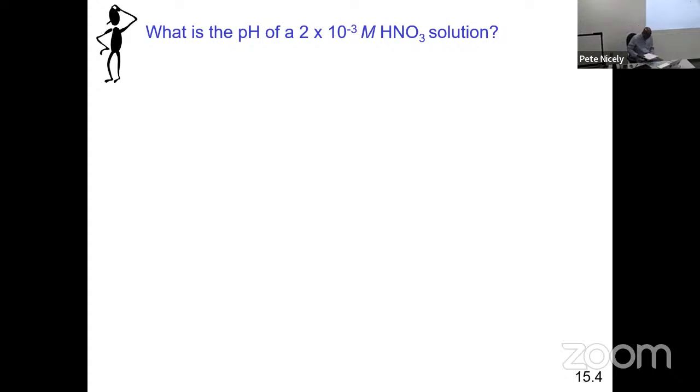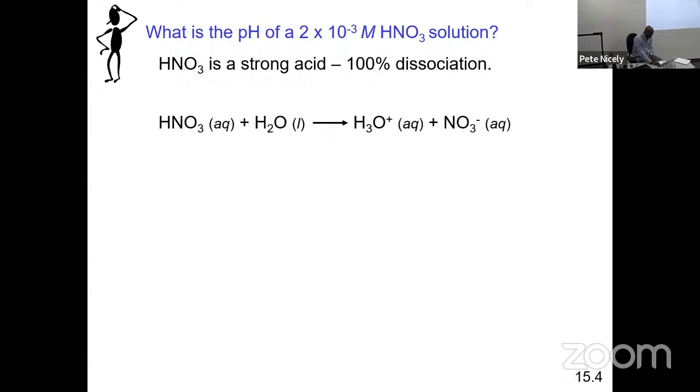So how do we calculate the pH of a strong acid like nitric acid? Well, remember we said that strong acids undergo complete dissociation. And that is certainly true in the case of nitric acid, right? So that's the first thing we recognize. And we can write down an equation for the dissociation of nitric acid in water. So when you start off with 2 times 10 to the minus 3 M nitric acid, initially you'll have no hydronium or nitrate ions present.